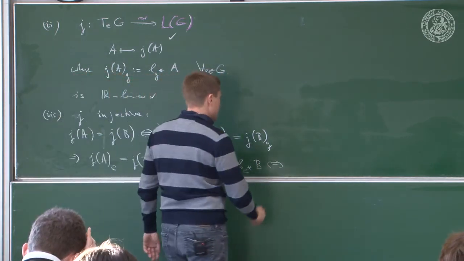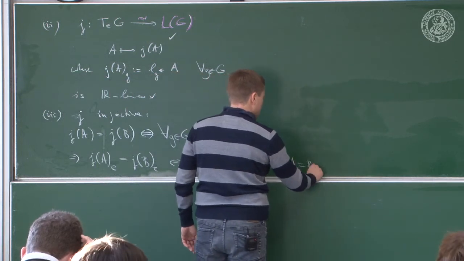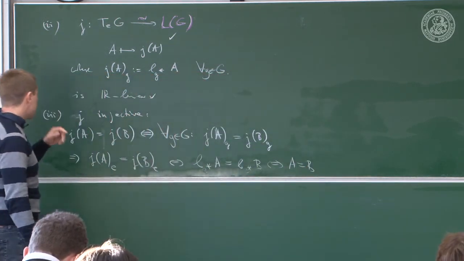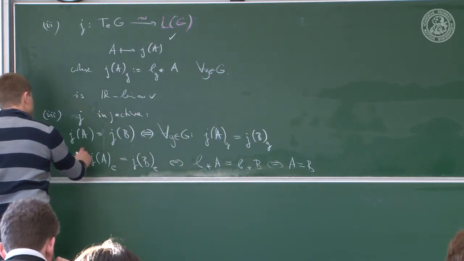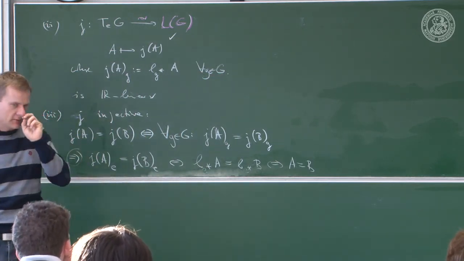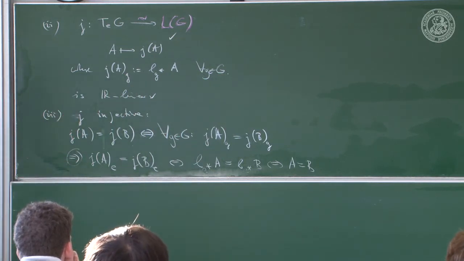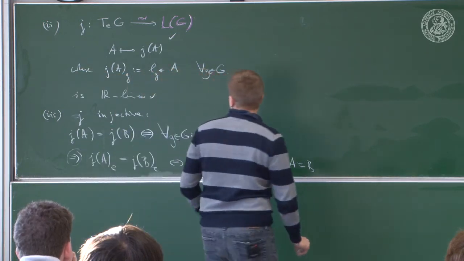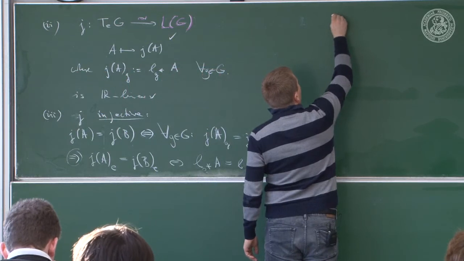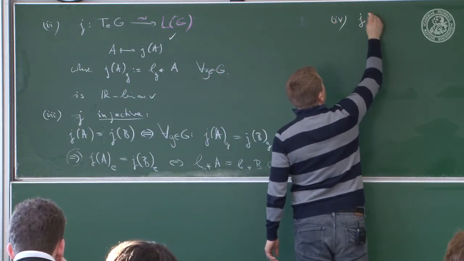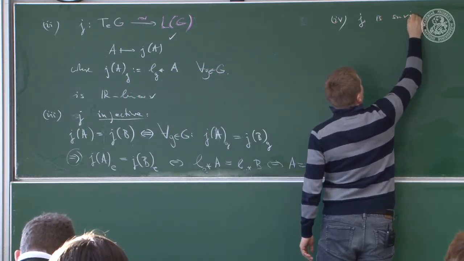Of course the identity, so this means A equals B. So J of A equals J of B implies that A equals B. But that's precisely what you want to show if it's supposed to be injective. So J is injective.